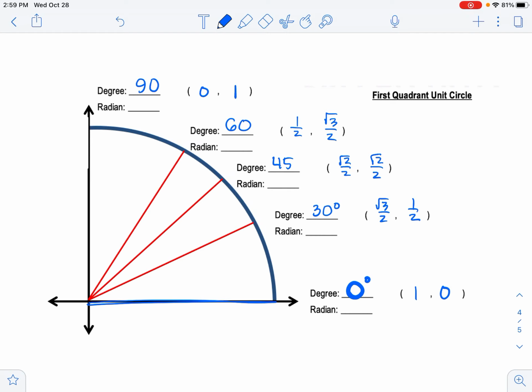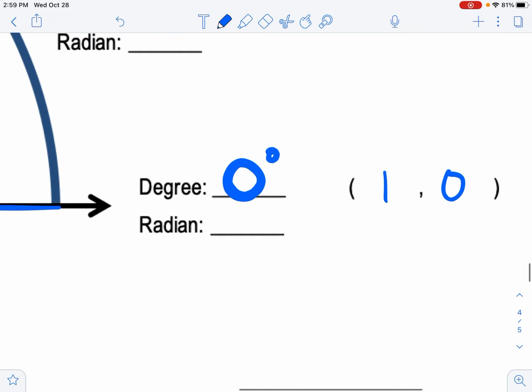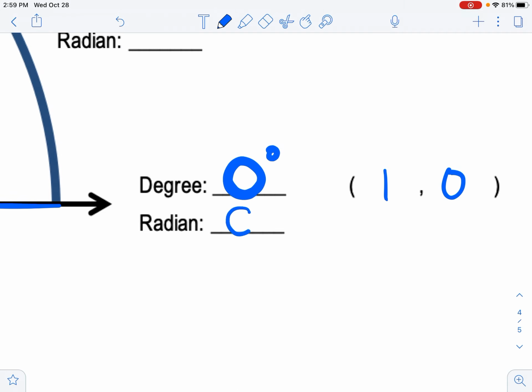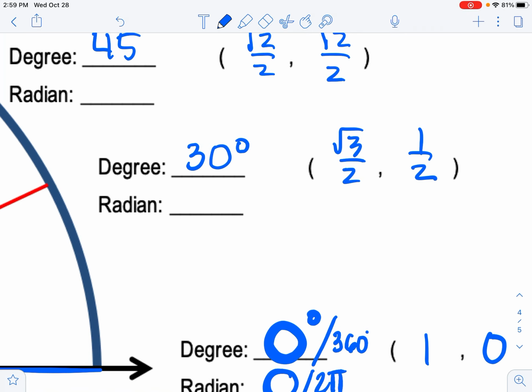All right, the last thing we have to do is write what the radians are. So remember, to convert degrees to radians, you multiply by pi and then divide by 180. If I multiply 0 by pi and then divide by 180, I still have 0 over 180, which is 0 radians. So this is 0 degrees, 0 radians. And if you go full rotation, this is 360 degrees or 2 pi radians.